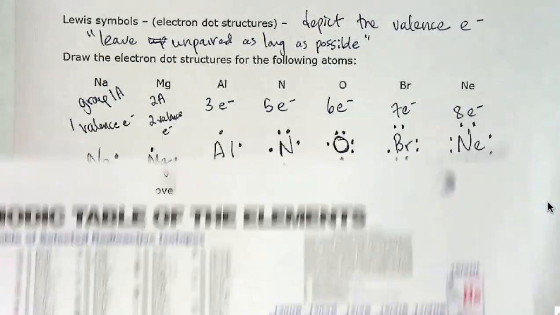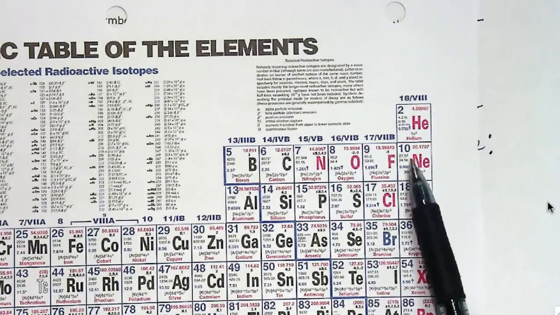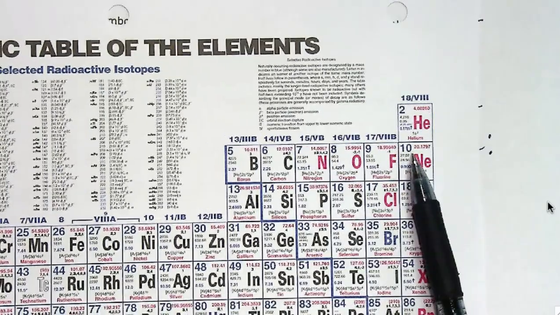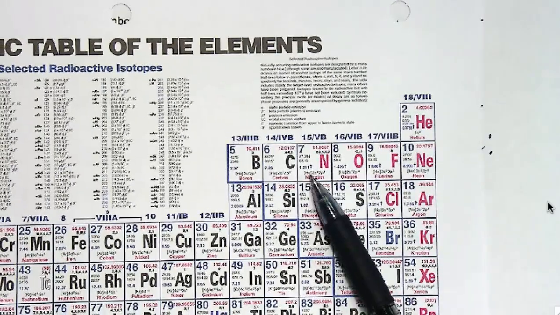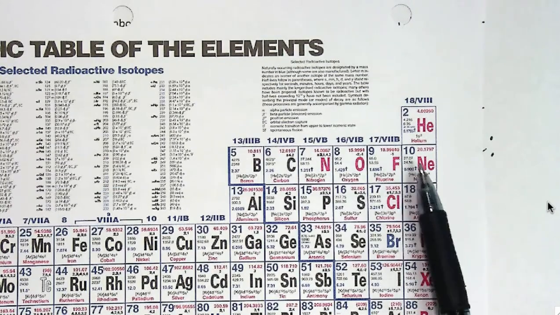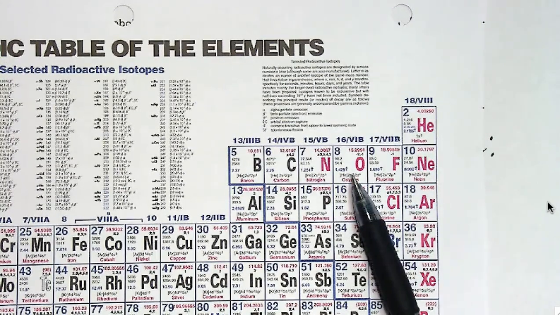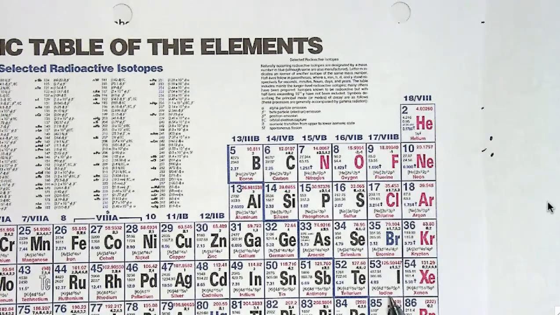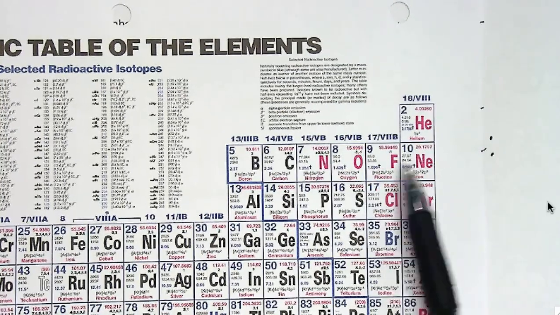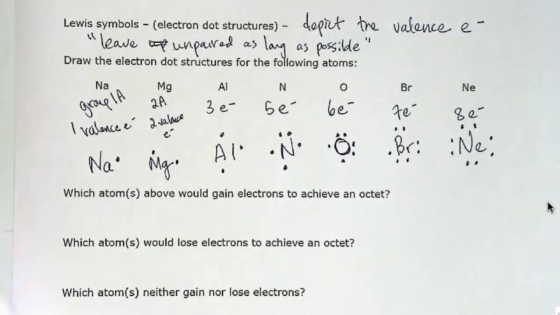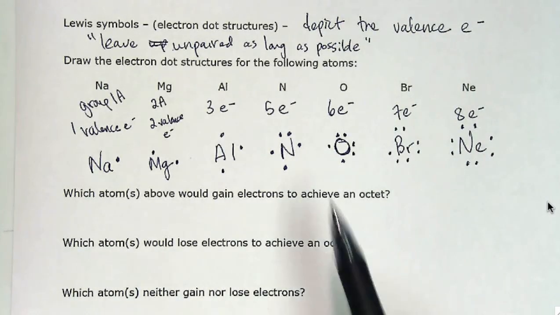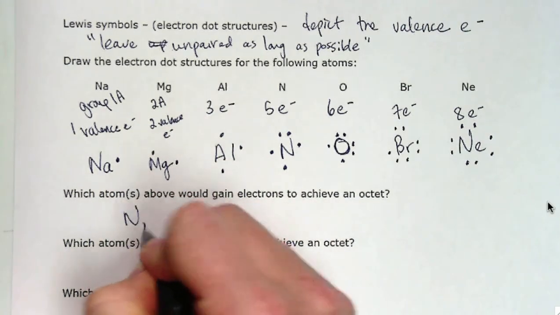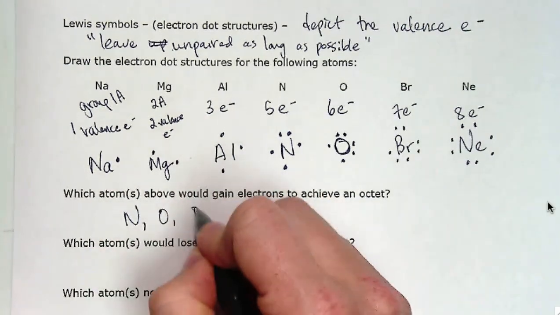So in looking at your periodic table, you look at nitrogen, it's kind of close to a noble gas. So nitrogen would just have to gain 1, 2, 3 electrons to get a noble gas configuration. Oxygen would just have to gain 1, 2 to get a noble gas. Fluorine would just have to gain 1 to get a noble gas. So the atoms above that would just gain electrons to achieve an octet: nitrogen, oxygen, and bromine.